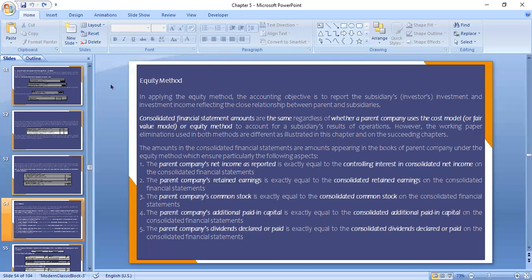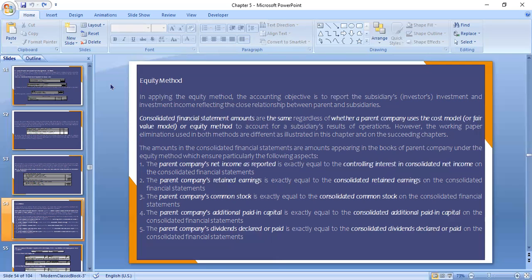One, the parent company's net income is exactly equal to the controlling interest in consolidated net income on the consolidated financial statements, and the parent company's retained earnings is exactly equal to the consolidated retained earnings.